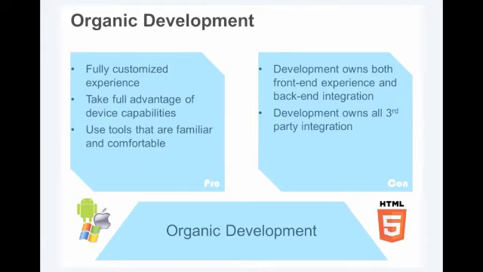And this development team owns all third-party integration. So if I want to bring in things like Twilio, or I want to bring in things like interacting with mail servers or social graph from Twitter or Facebook or things like that, I have to do all that myself, or my development teams have to do all that themselves.